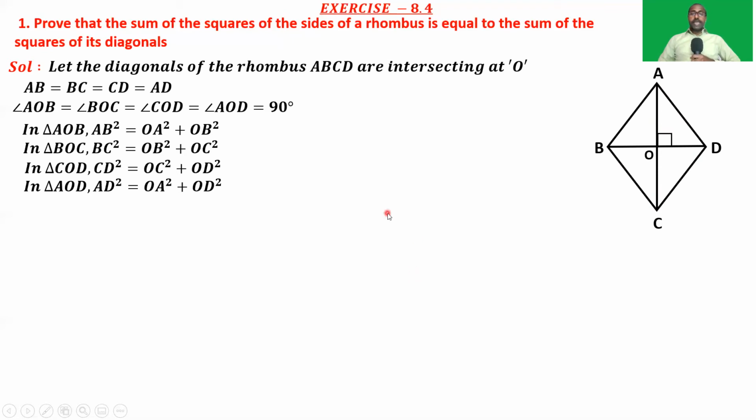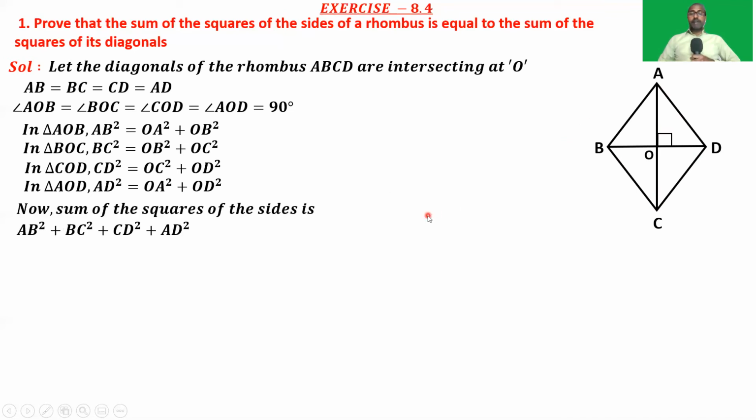Now take the sum of the squares of the sides, that is AB square plus BC square plus CD square plus AD square. We have AB square is equal to OA square plus OB square, BC square is equal to OB square plus OC square, CD square is equal to OC square plus OD square, and AD square is equal to OA square plus OD square.